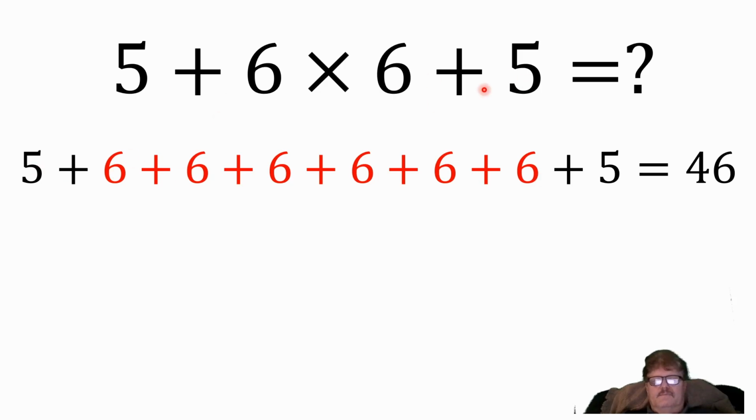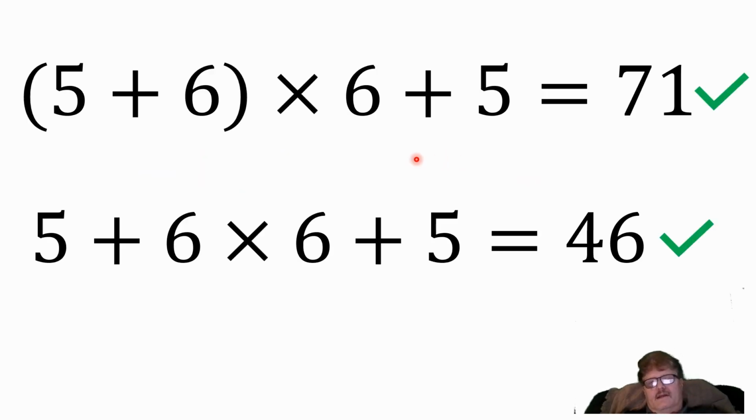So this becomes 5 plus 6 plus 6 plus 6 plus 6 plus 6 plus 6 plus 5 equals 46. So no matter how you write it, you can write it with multiplication. Again, which way is easier to write? Multiplication is literally shorthand for repeated addition. It's much easier to write it like this than it is to write it like this. That's really what it is. It's a shorthand, so you get the same answer.